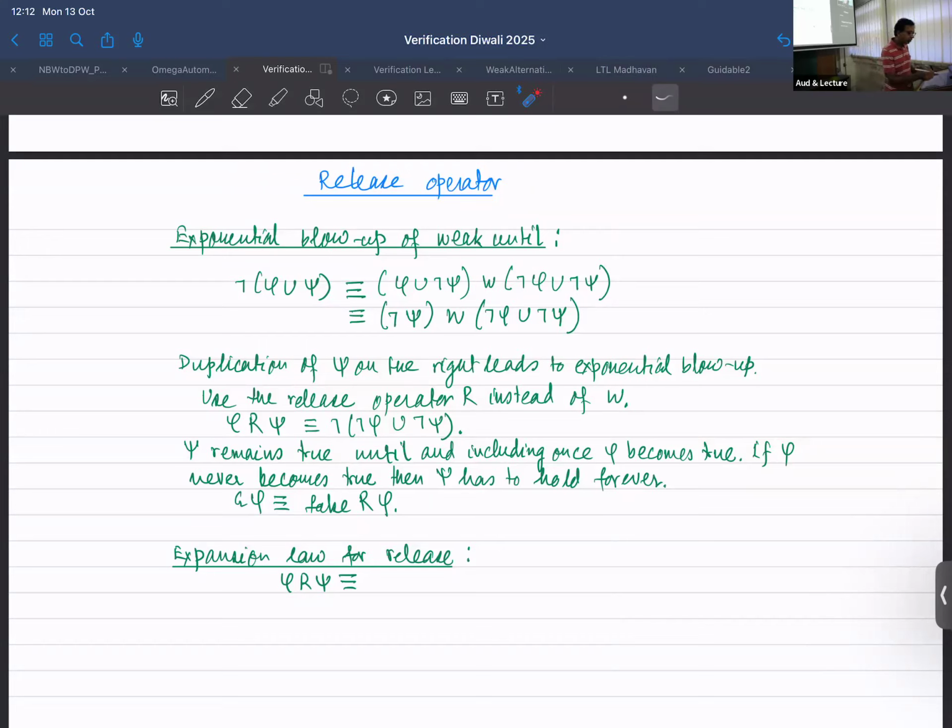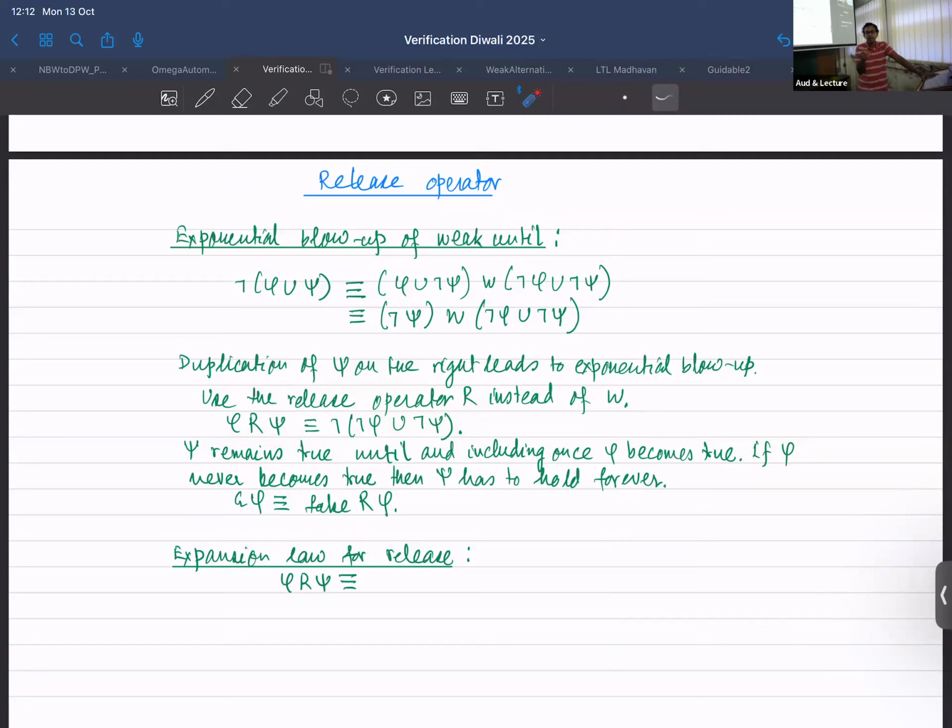This is called a release operator. So what is the idea of the release operator? Here it says that psi remains true. Phi release psi.